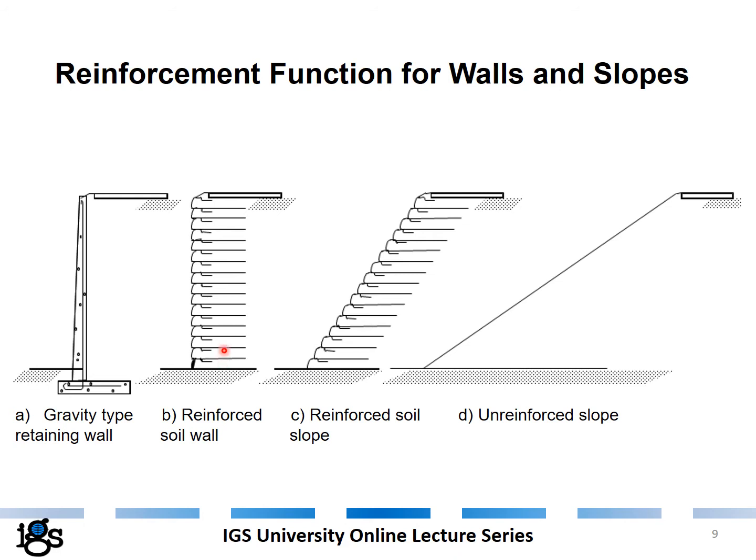And by using the geosynthetic reinforcement, you can have a variety of options. Here you see a reinforced soil wall. This can have a perfectly vertical facing or a facing with a smaller inclination, or even with a larger inclination, in which case we call them reinforced soil slopes.